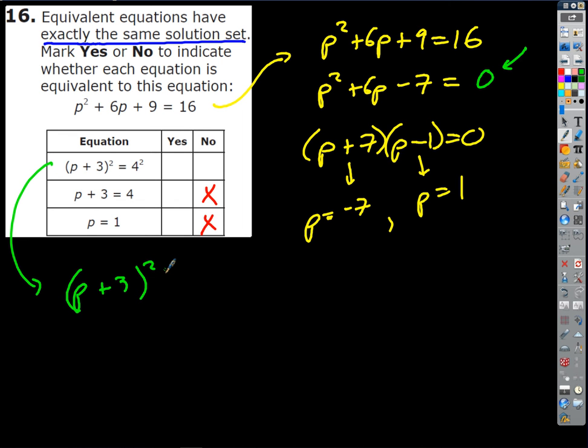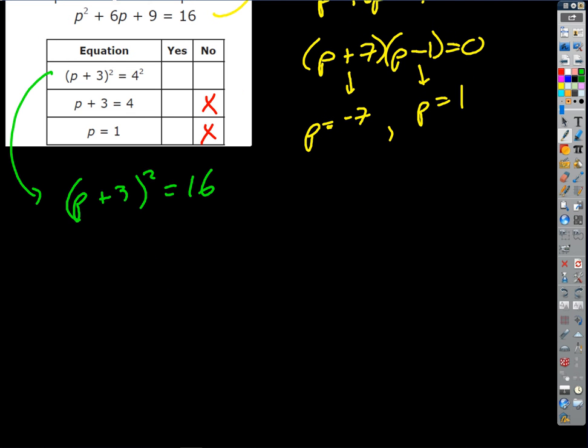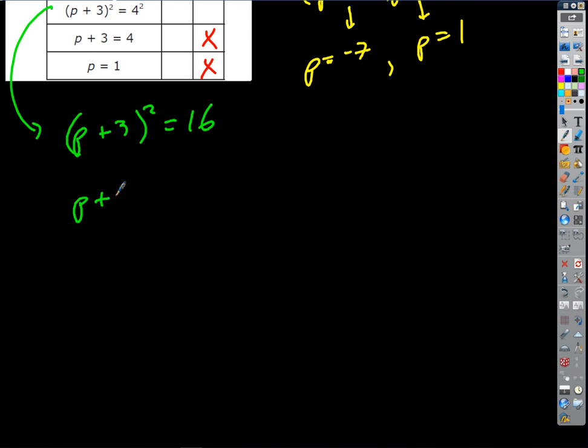So p plus 3 squared equals 16. What are the 2 steps to solve for p? Square root. So that's going to give us p plus 3 equals plus or minus 4. Last step, subtract 3, and we're going to put it in front of the plus or minus, right?